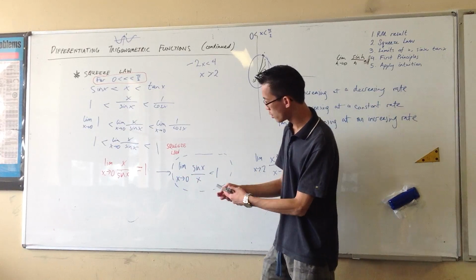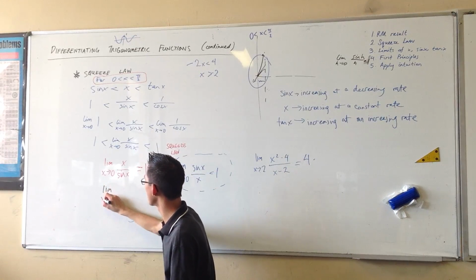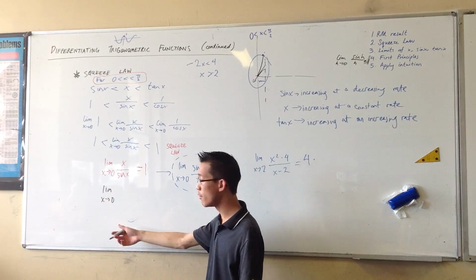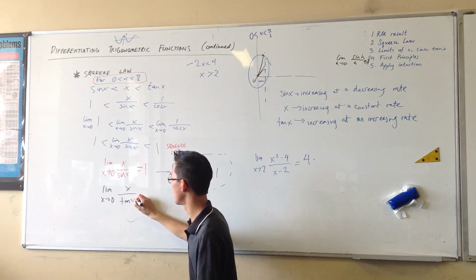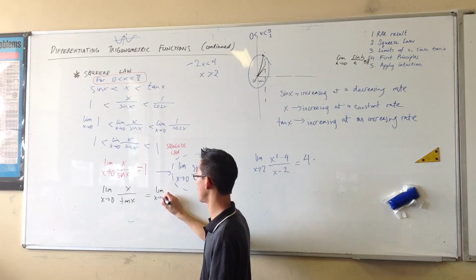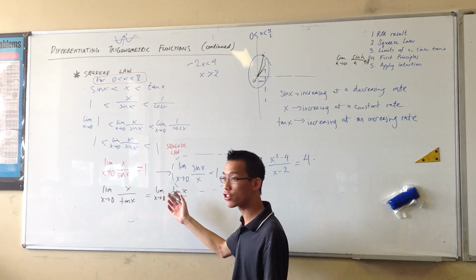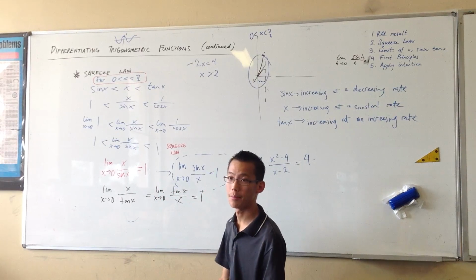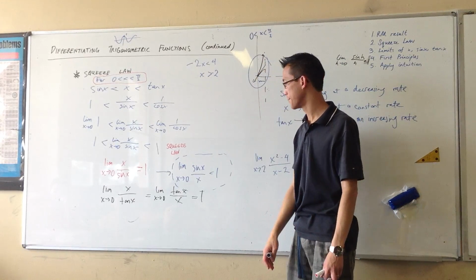I can also say the limit as x approaches 0 of, say, x over tan x is equal to, again, the limit as x approaches 0 of tan x over x, or any such combination. They're all equal to 1, okay? Because they're all converging on the same point at the same rate, okay?